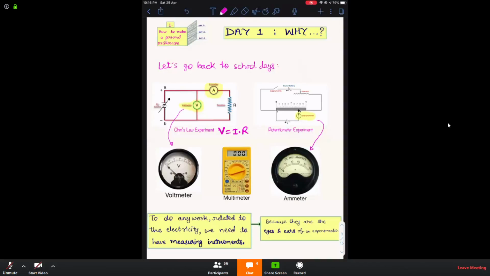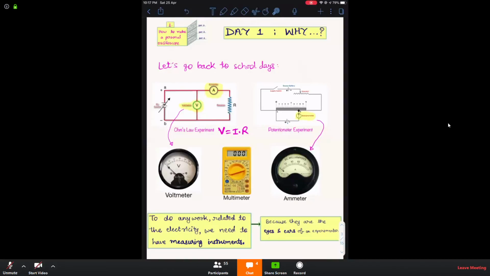For the verification of this law, when you do the experiment, the circuit will be like this, but you will see these two devices, this voltmeter and this ammeter. The ammeter is used to measure the current, and the voltmeter is used to measure the voltage. Similarly, in another experiment, for example the potentiometer experiment, here also you see a device which is used to measure the current.